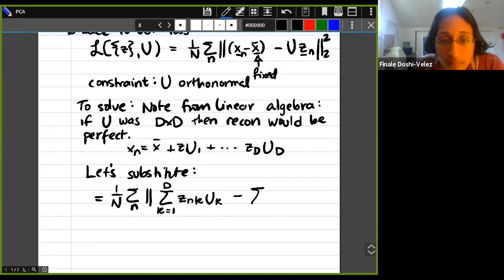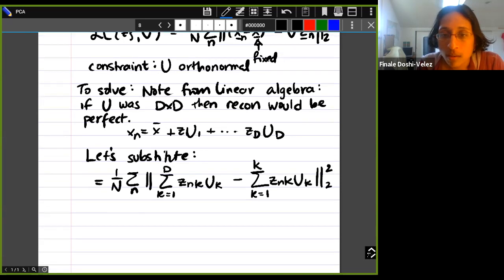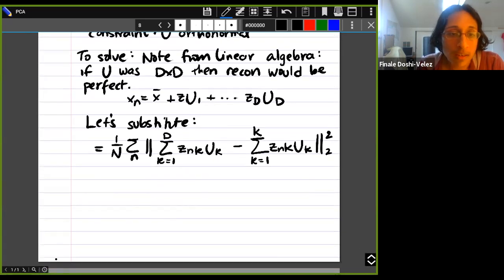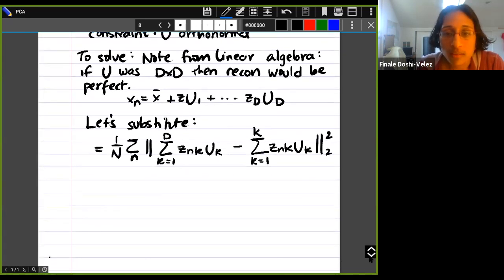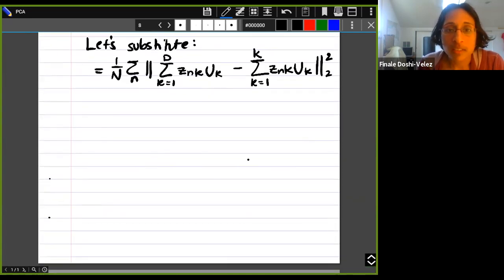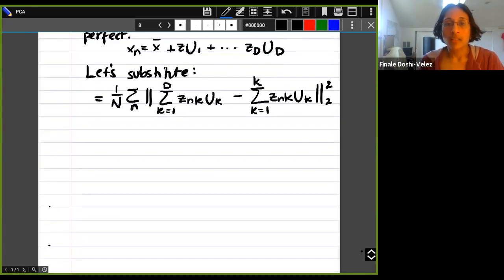So this is going to be the sum from little k equals 1 to big K of z_nk u_k. So all I've done there is expand this expression by taking advantage of the fact that I could have just added more basis elements, even though I'm not going to want them.